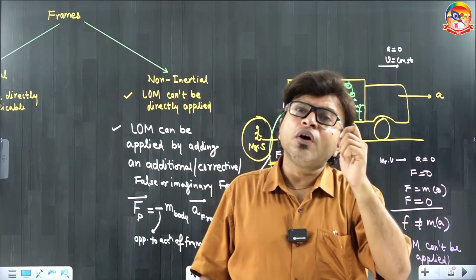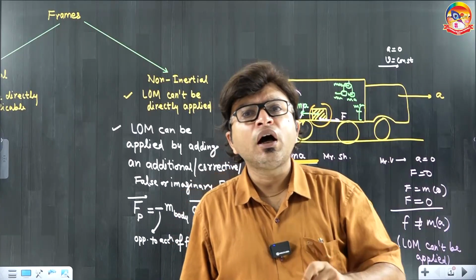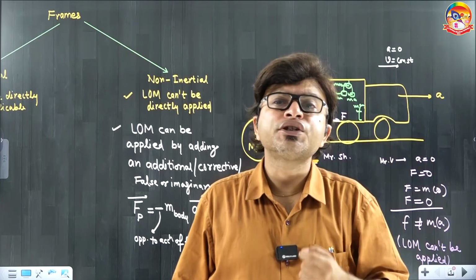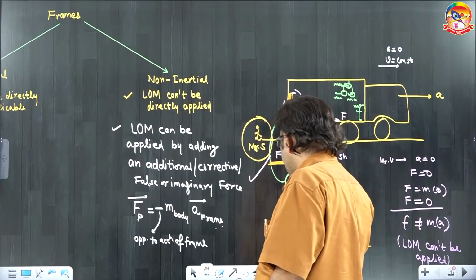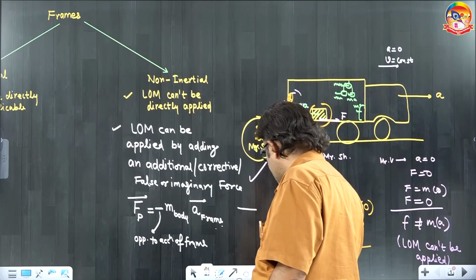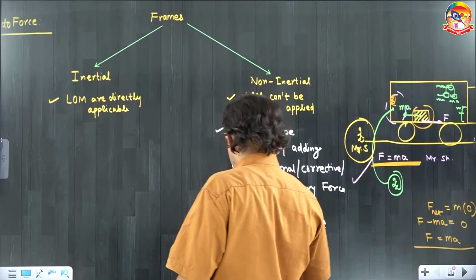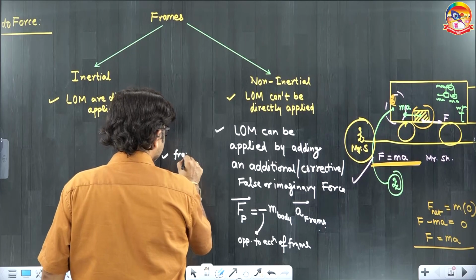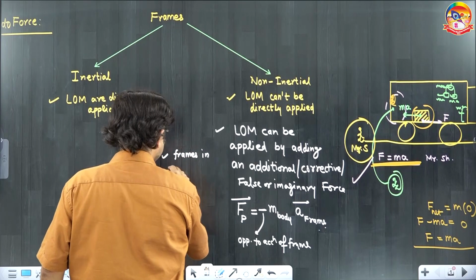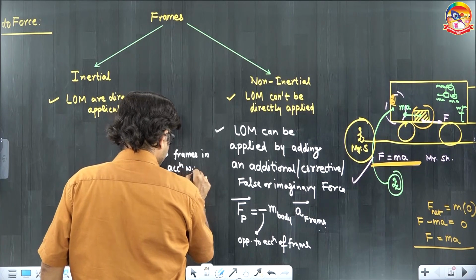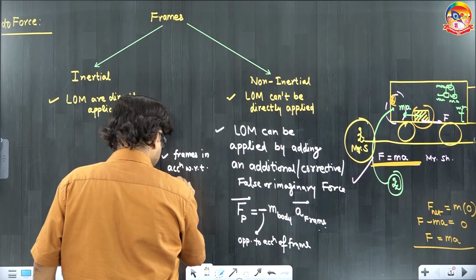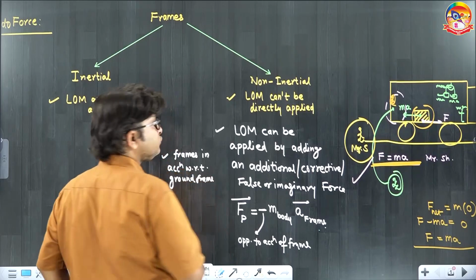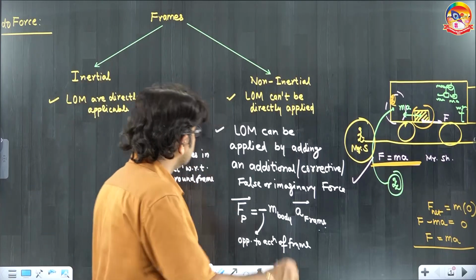It means what? Only those frames which are in acceleration with respect to ground are non-inertial frames. So how will I identify which frames are non-inertial frames? The frames in acceleration with respect to ground frame, they are non-inertial frames.